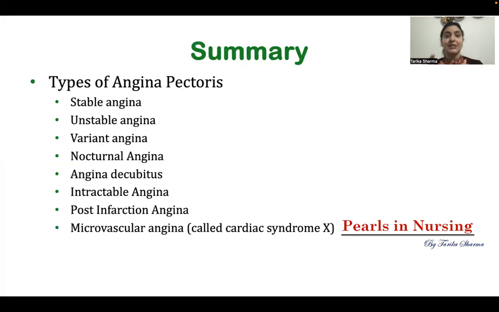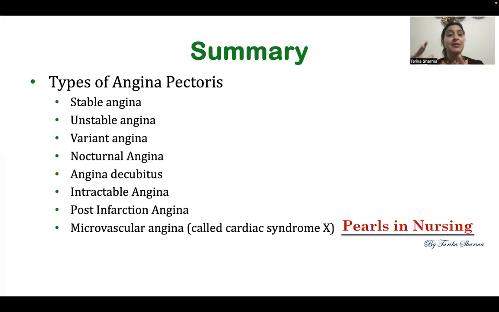So today we discussed different types of angina. We have stable angina, also known as classic angina, where the patient's coronary arteries have obstruction because of plaque formation, and the patient has pain when doing certain exertional activities.